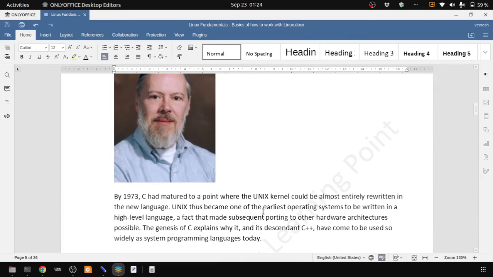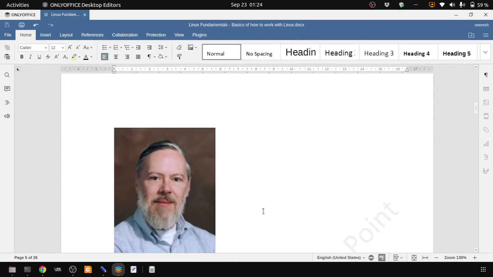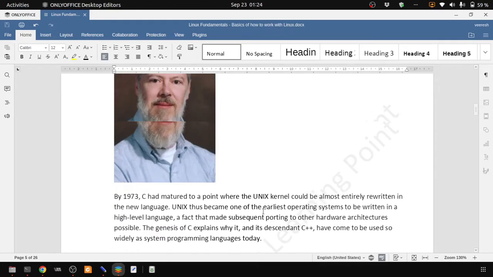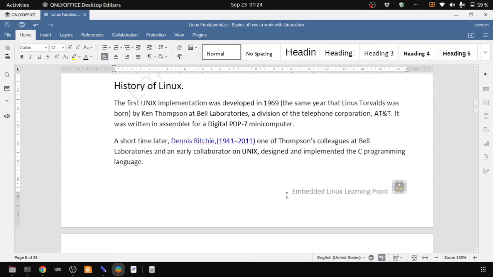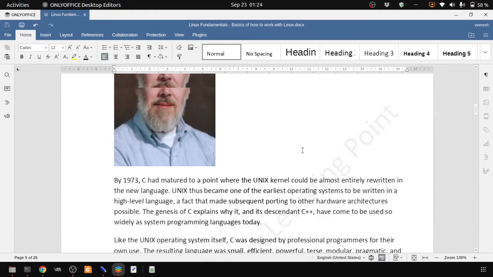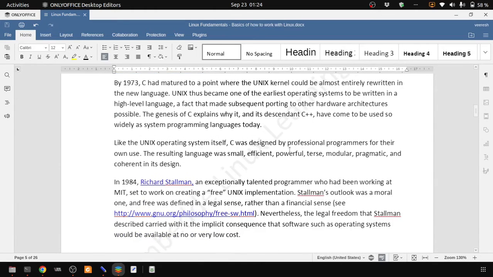I think we should always remember the names of the people who have helped shape the world we're living in. Dennis Ritchie is one of the important people. Unlike the Unix operating system itself, C was designed by professional programmers for their own use.